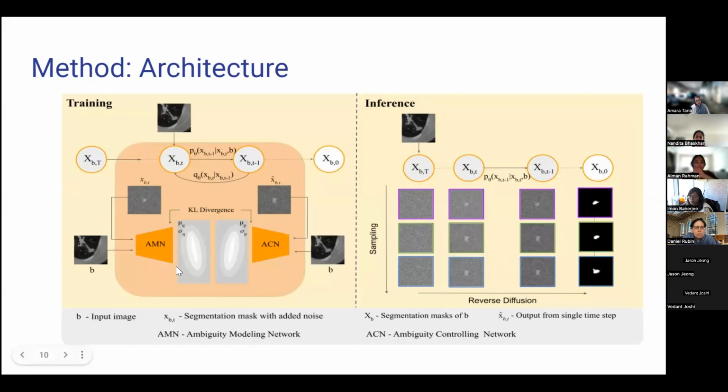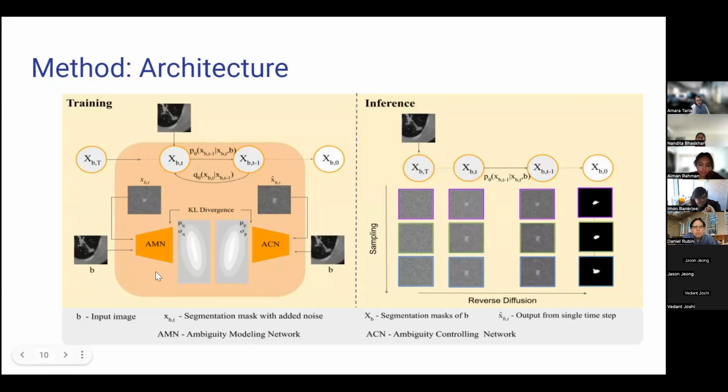What we do here is basically a Gaussian encoder, where we pass our CT scan as well as some segmentation mask, and then model that distribution.